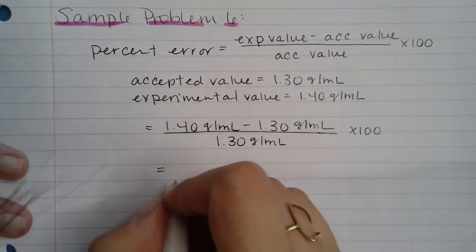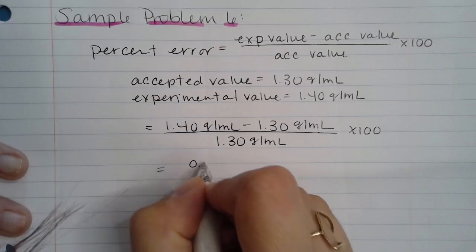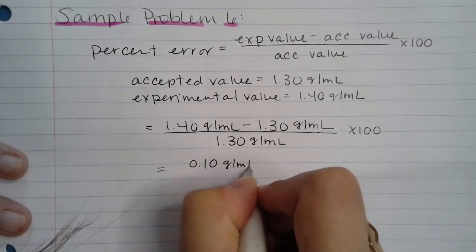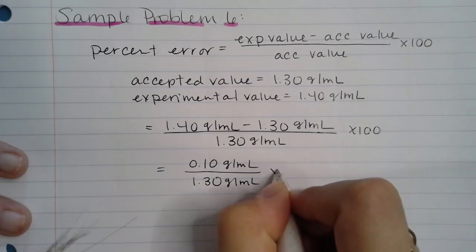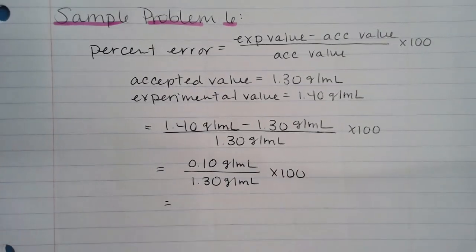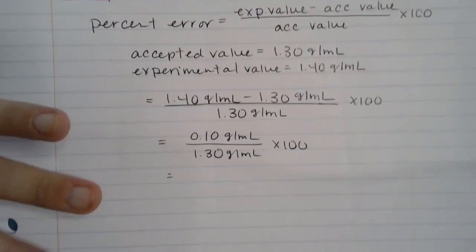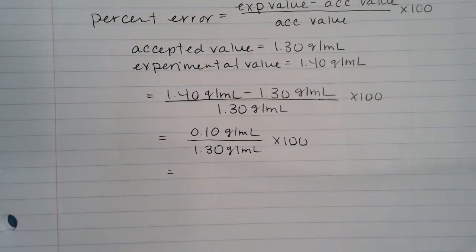So, of course, this is going to be 0.10 grams per milliliter divided by 1.30. I just think it's easier not to do it all in one shot on the calculator, because the calculator is going to do order of operations and you might get the wrong answer.